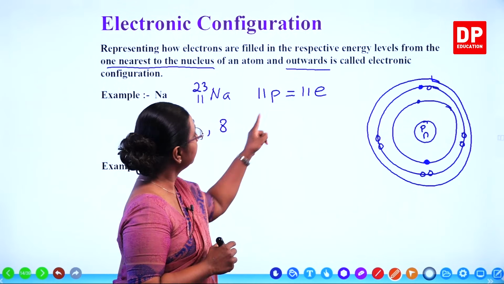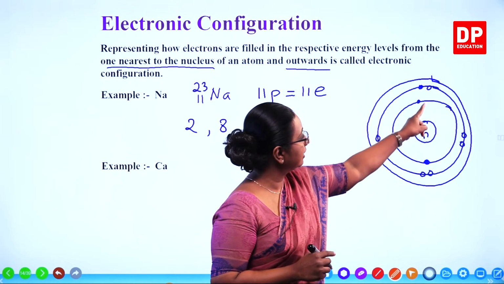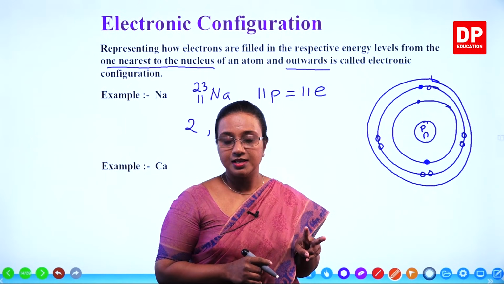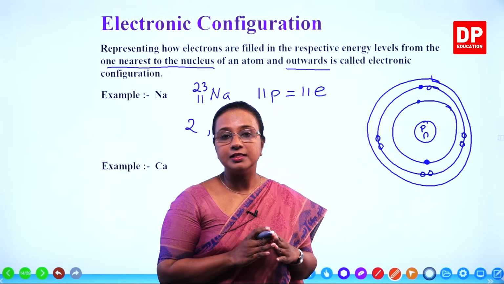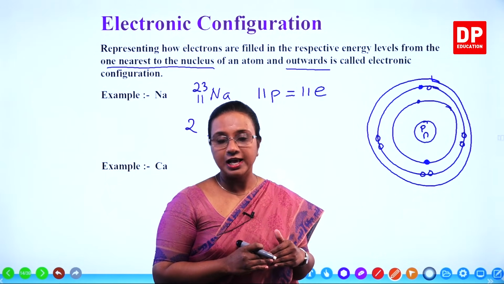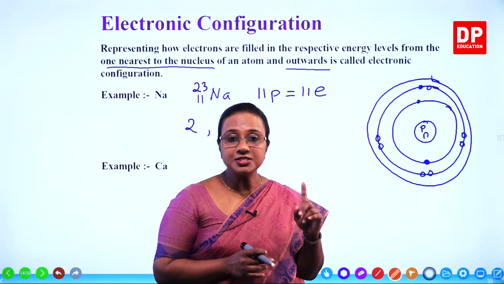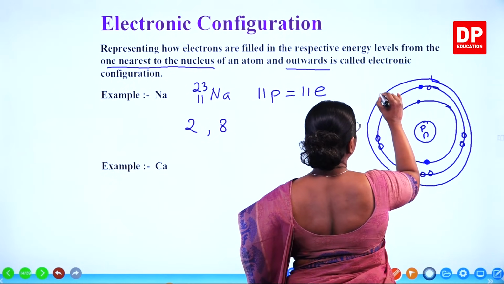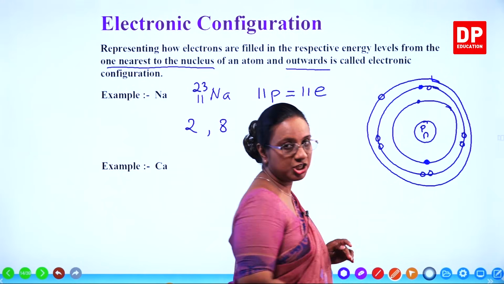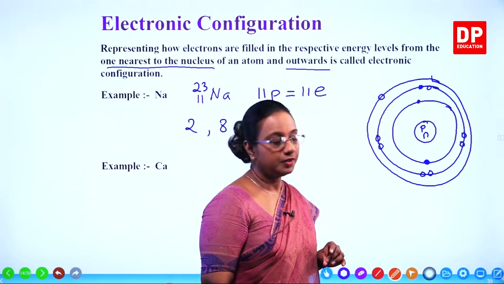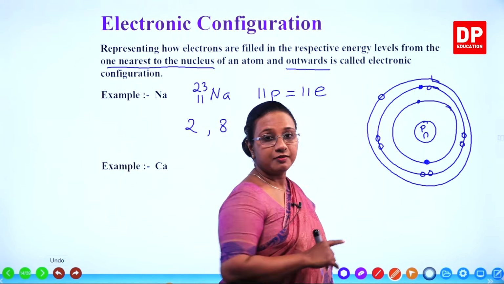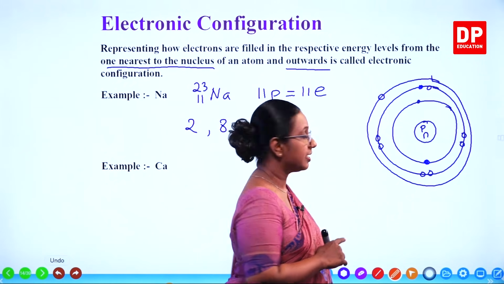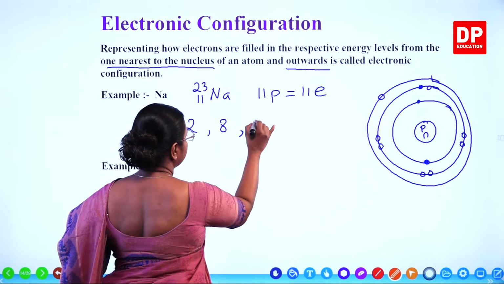2 plus 8, we have already allocated 10 electrons to 2 energy levels and they are filled with the maximum number of electrons. So the last electron, the 11th electron, will go into the third energy level.